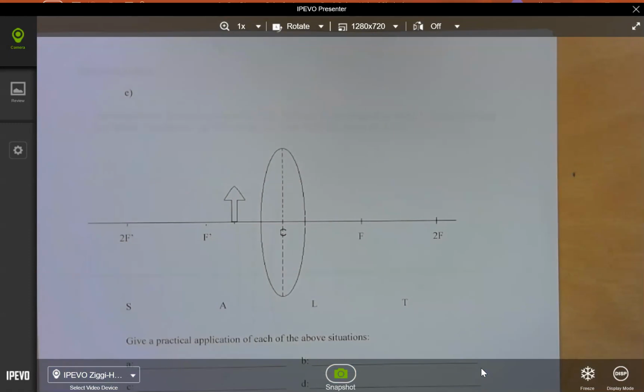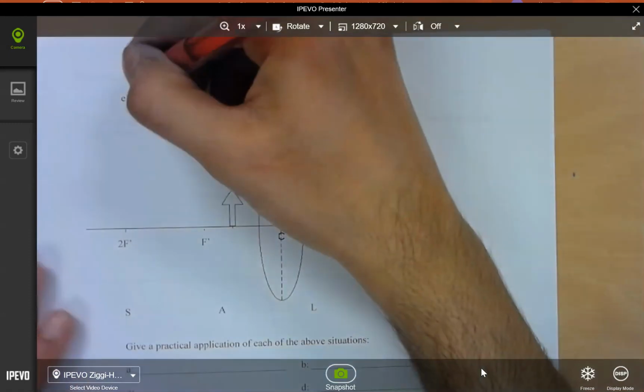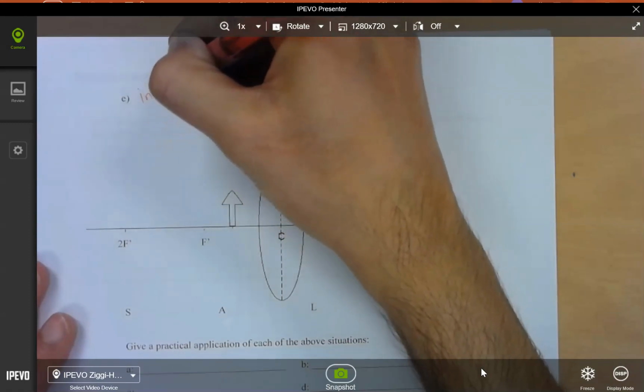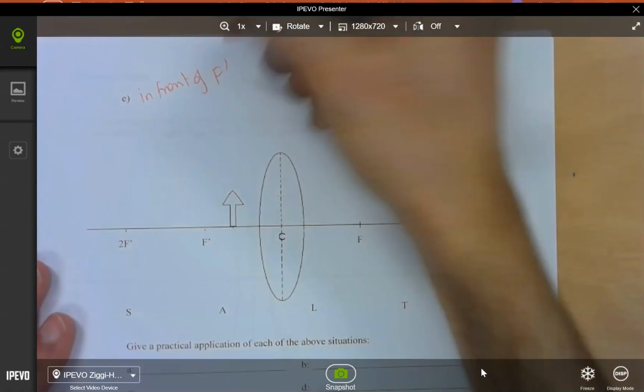Last one for our convex lens. This last option is with the object in front of f prime.